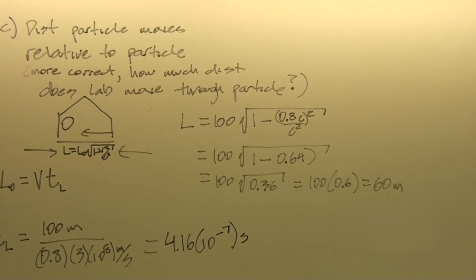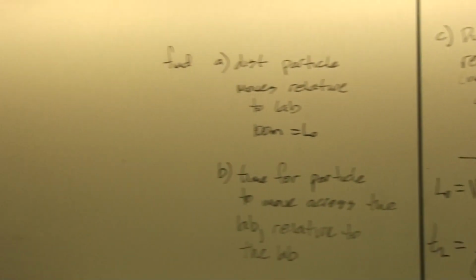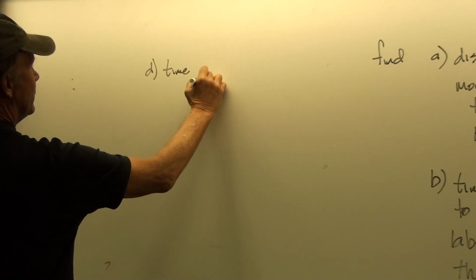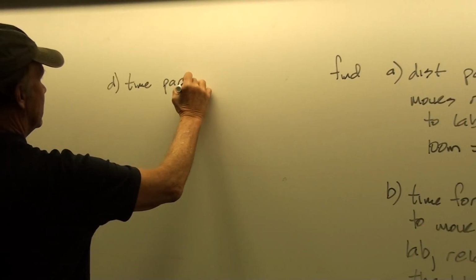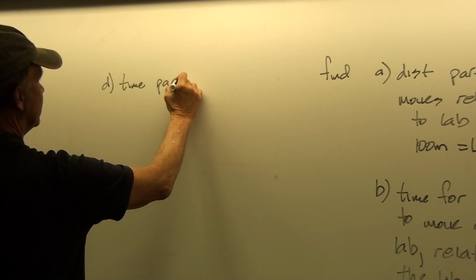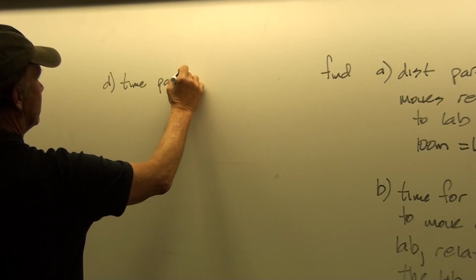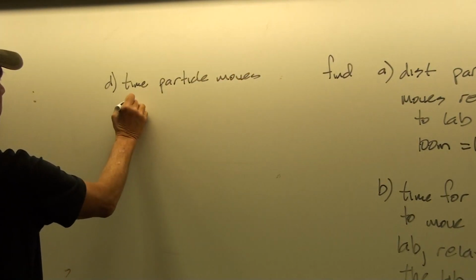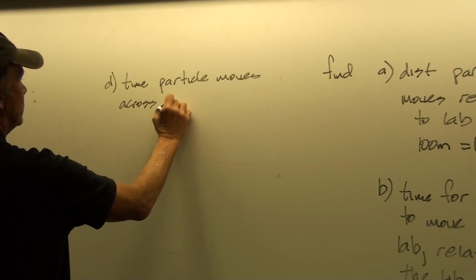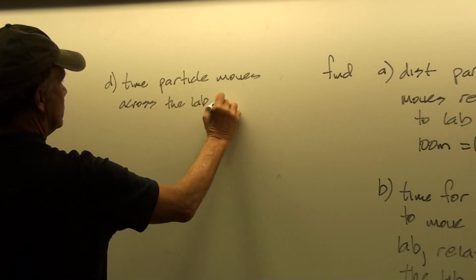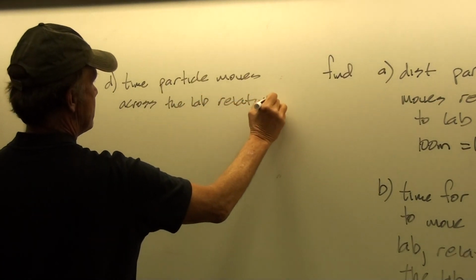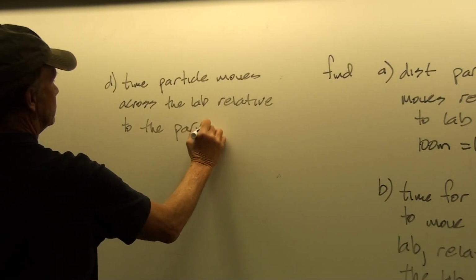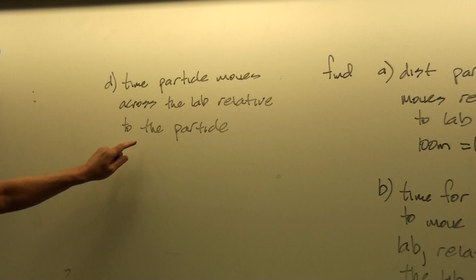And then finally, in D, let's find the time that the particle moves across the lab relative to the particle. Okay, so it's still relative to itself.